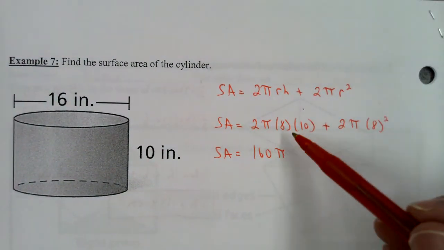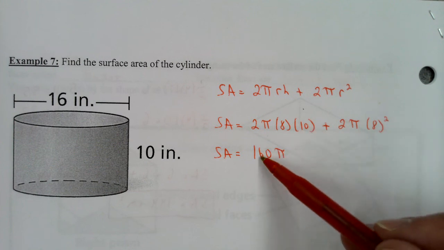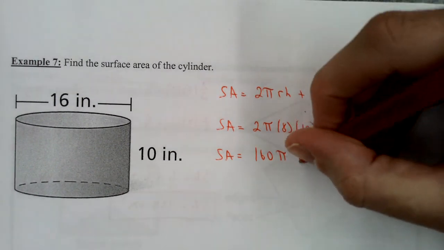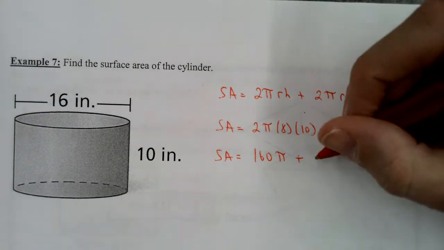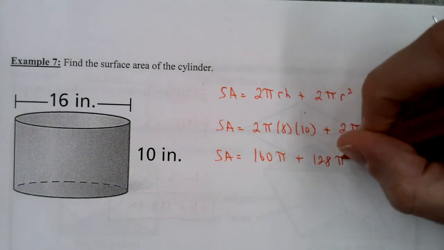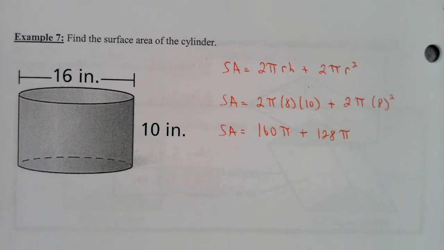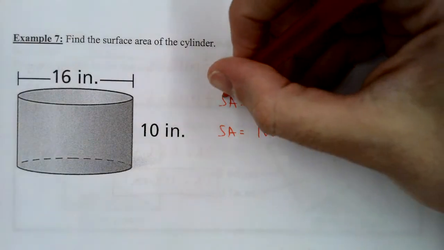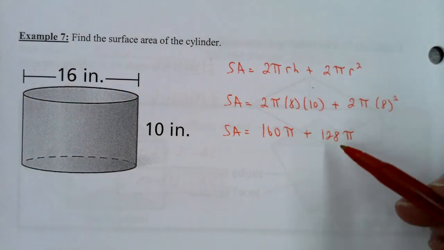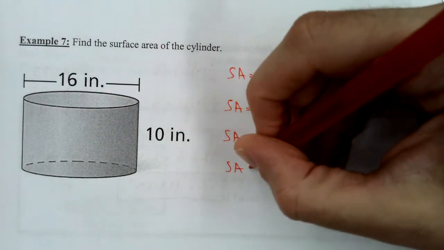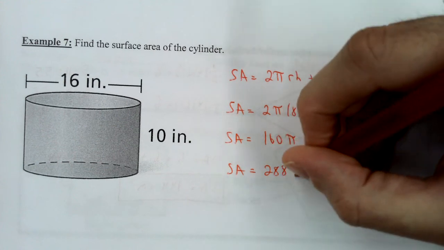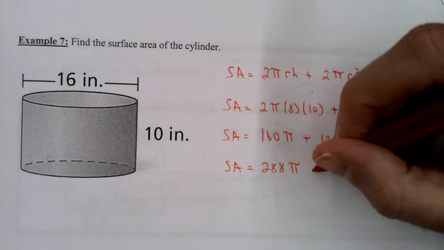Plus 8 squared is 64, times 2 is 128 pi. Now we're going to add these two numbers together, leave the pi there, okay? 160 plus 128 is 288 pi inches squared.